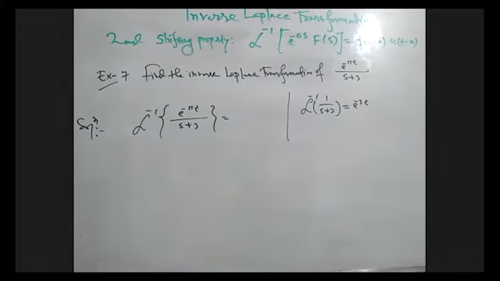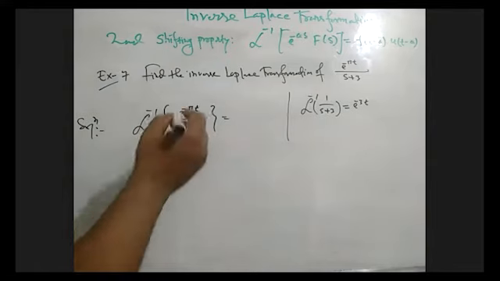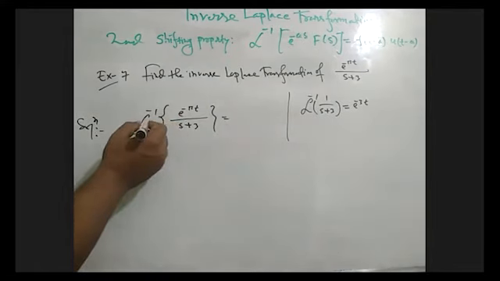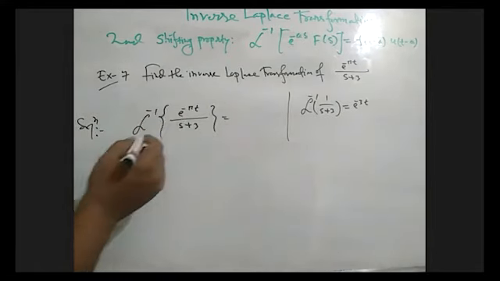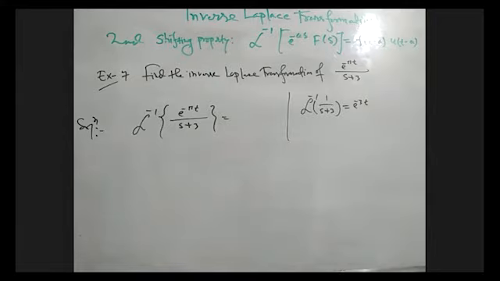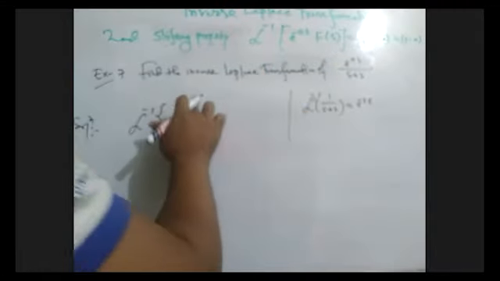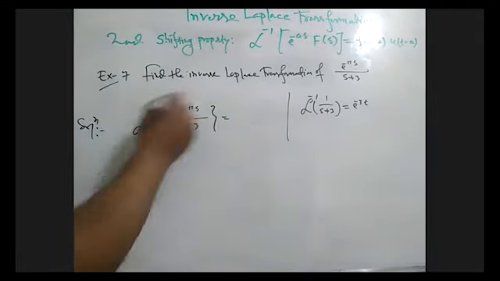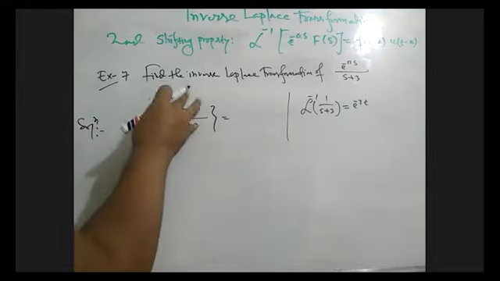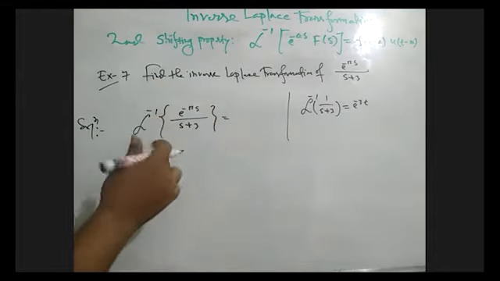The numerator is e to the power minus pi s, pi s, not t. So this is the total s function, that means the transformed parameter s exists here.